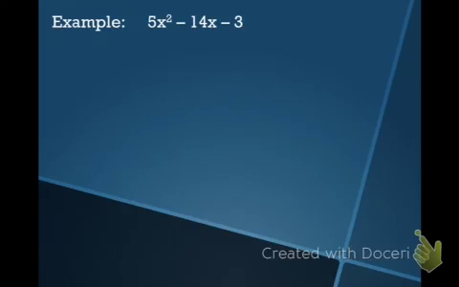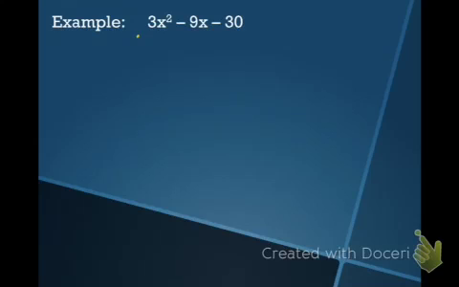Okay, here is another example. This is a good example because this one has a greatest common factor. And remember, that should be your first step no matter what you do. Any kind of problem, you need to be checking for a greatest common factor. So if we look at this, the GCF is 3.